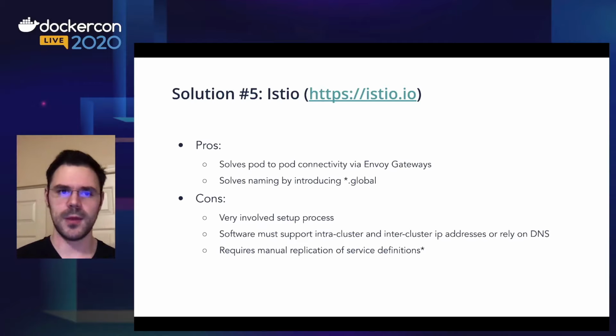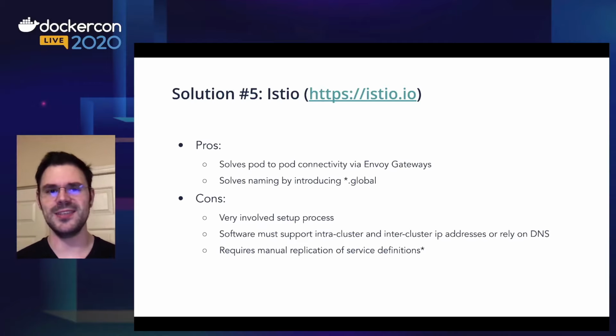However, as with Istio the setup process is fairly involved, and the software that you're going to be running on it needs to support intra-cluster and inter-cluster IP addresses, as that is the price of using the Envoy gateways. Alternatively, they could rely on constantly doing DNS lookups. Conveniently, CockroachDB does support having multiple IP addresses for a single node.